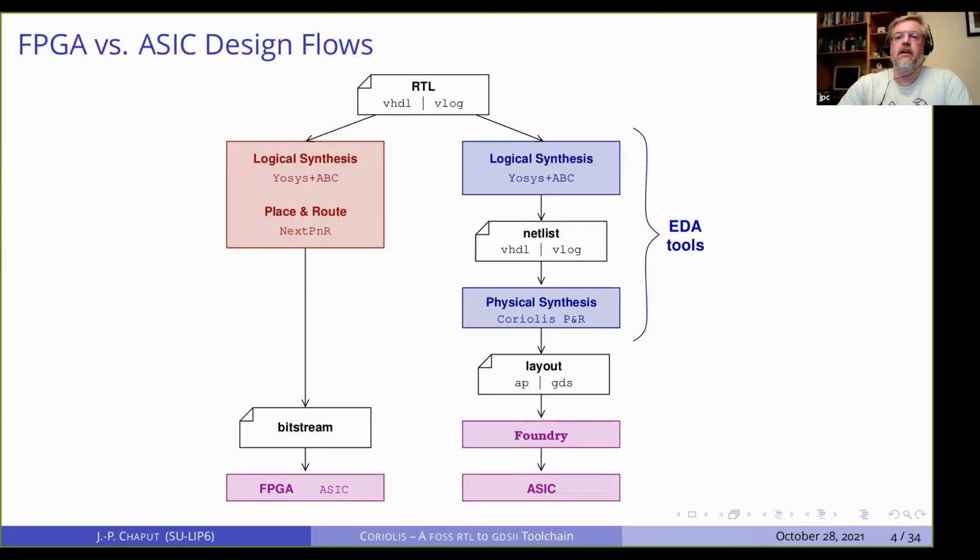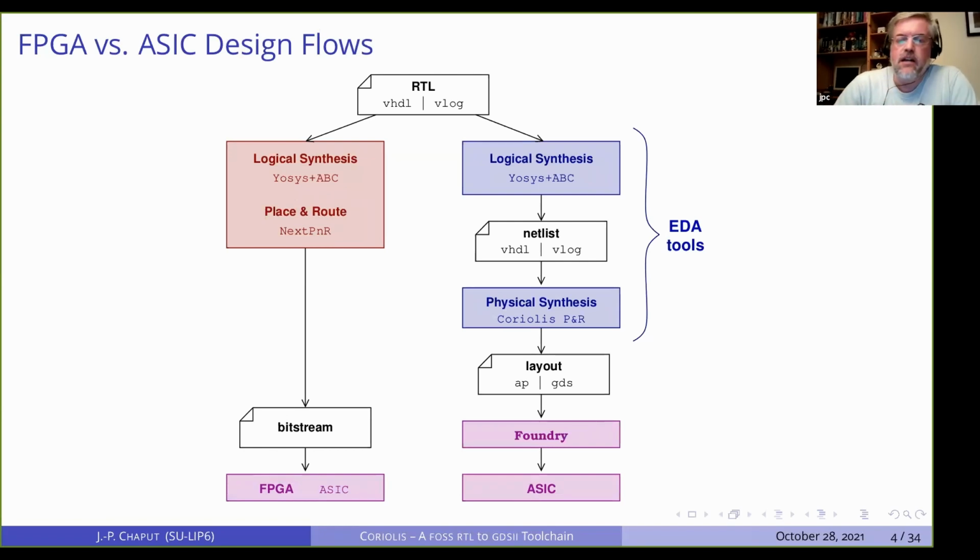So how do we get there? I made this small flow chart to compare the design flow for FPGA on the left side and the design flow for the ASICs on the right side.